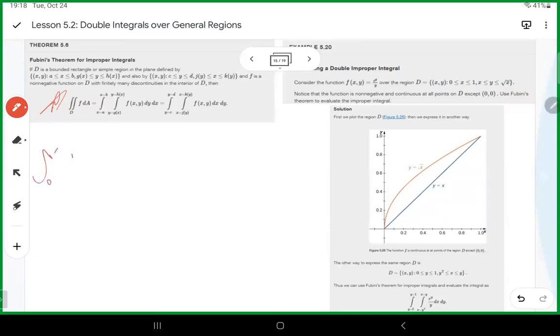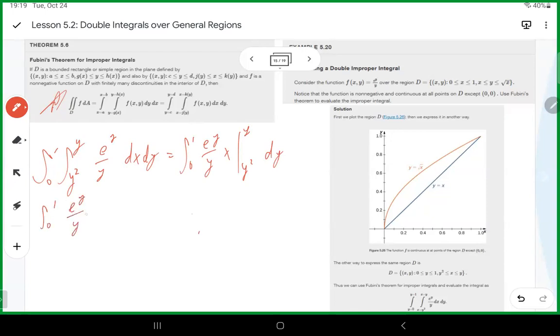So you would have integral from 0 to 1, y squared to y, e to the y over y, dx dy, which would be integral from 0 to 1, e to the y over y, x from y squared to y, dy. So integral from 0 to 1, e to the y over y times (y minus y squared) dy.